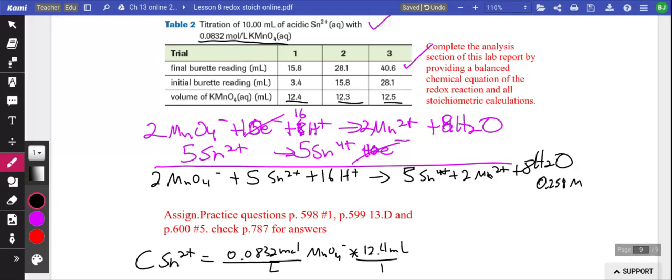Goes on top so that the liters would cancel out. So that's moles of permanganate. From my balanced equation, we're looking for the tin 2 plus. 5 tin 2 plus react for every 2 MnO4 minus.